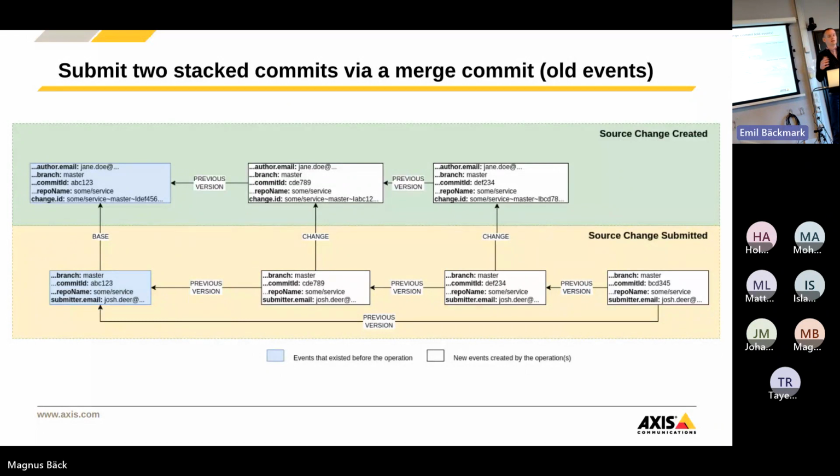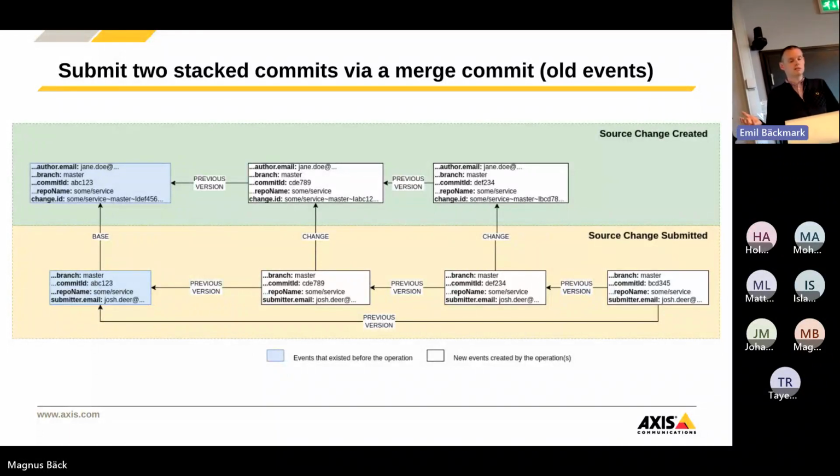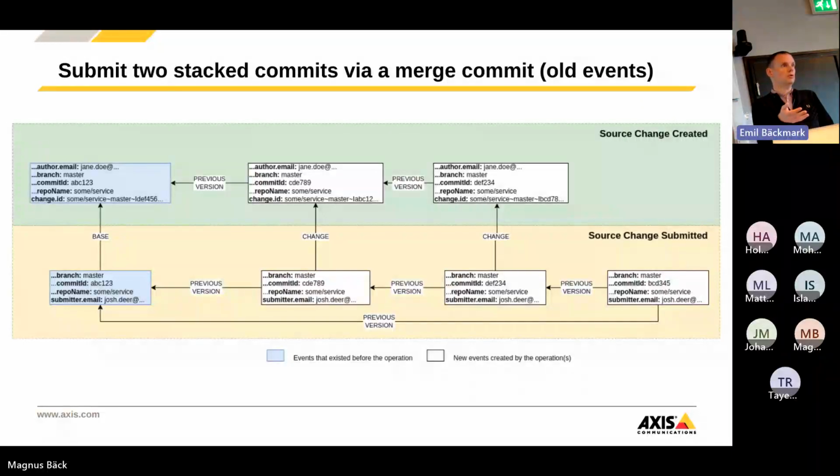And so the old events do a good job of saying that now this commit is reachable from the master branch. It is included in whatever we're going to build. However, if you want to trigger well-targeted CI, you would get a source change submitted for this.